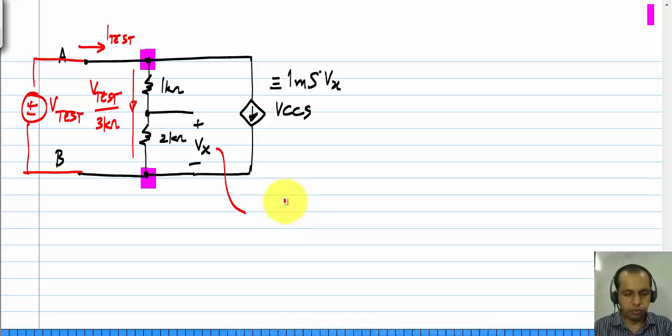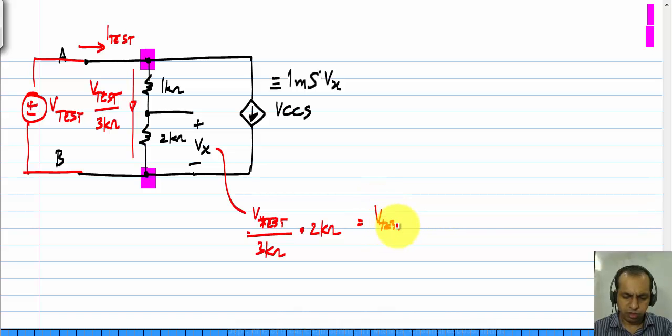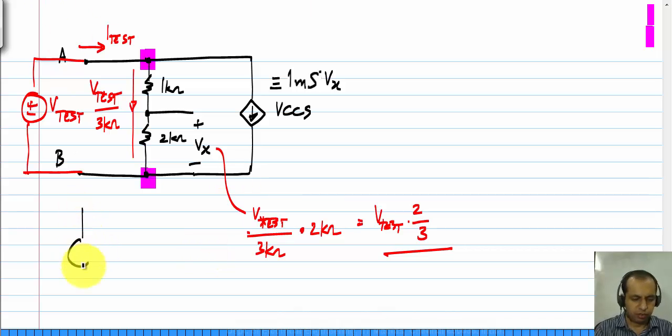And this Vx would be the current flowing through that times the resistance, which is V test divided by 3 kilo ohms times 2 kilo ohms, okay, which is V test times 2 by 3. This is nothing but the voltage divider formula, which you are most likely familiar with.